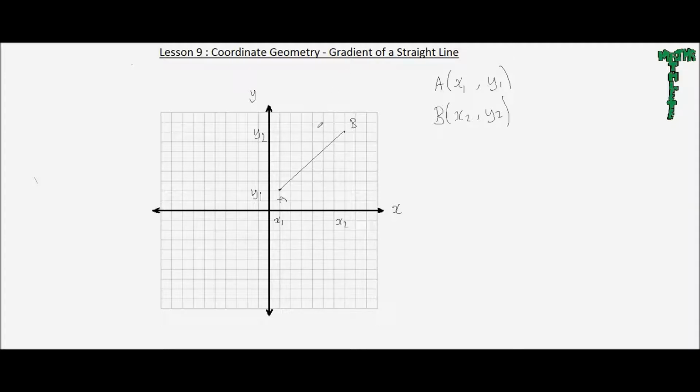Now how would we find the gradient? The gradient is kind of straightforward. It's basically the change in the y coordinates divided by the change in the x coordinates.